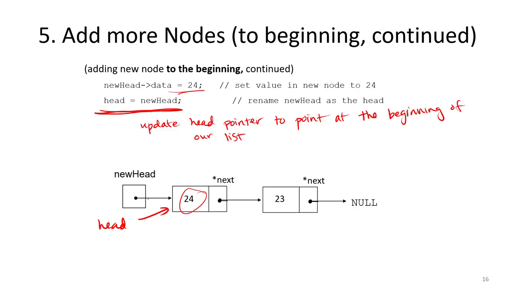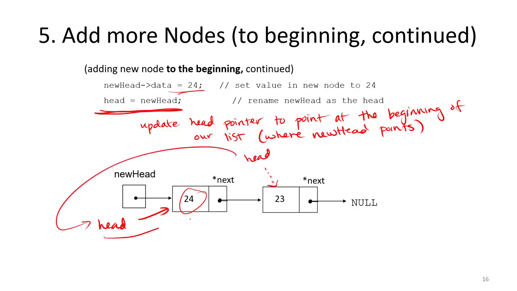In this case, the beginning of our list was where newHead pointed. So we wrote the code head equals newHead to make our head pointer. Originally head was pointing at our second node, and we change it. So now head points at the very beginning of our list.